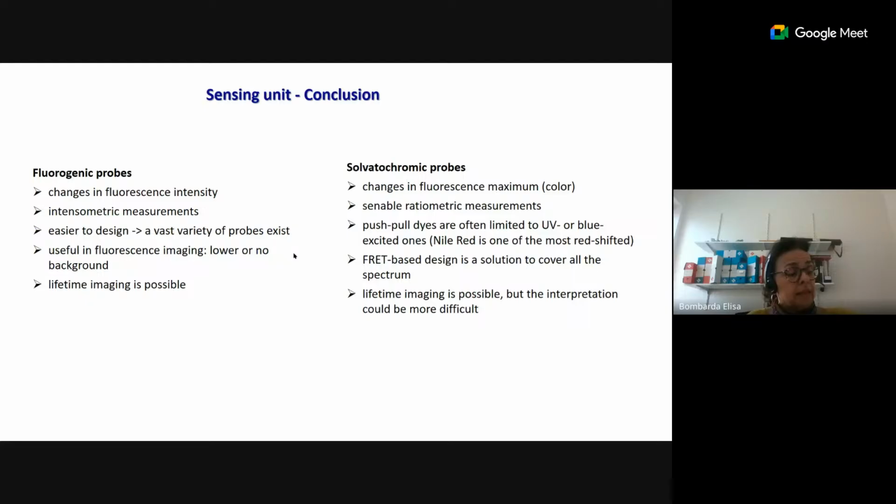And in the next part, I will start to talk about probes that are used when proteins are the target of our investigation. So while I'm changing now from one lecture to the other, in case there are questions, don't hesitate.